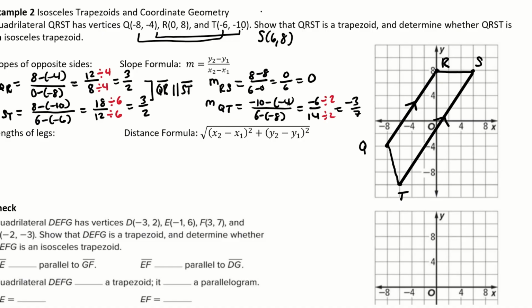So we can clearly see that RS is not parallel to QT. So far, our conclusion is that it's a trapezoid, but not a parallelogram, right?